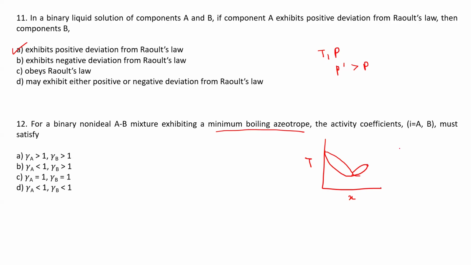At a given pressure, generally for getting this much vapor pressure, you have to boil at 100 degrees, assume like that. But now you will get that much vapor pressure at 70 degrees only. So that is called a minimum boiling azeotrope. The boiling point is decreasing. This happens when positive deviation is there. So positive deviation means both of them are greater than 1.